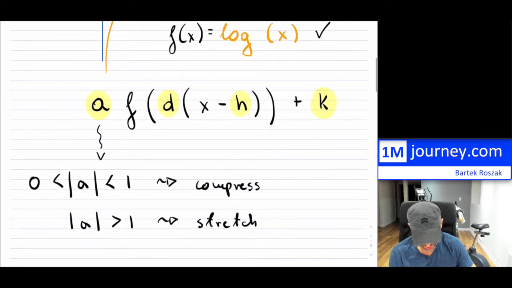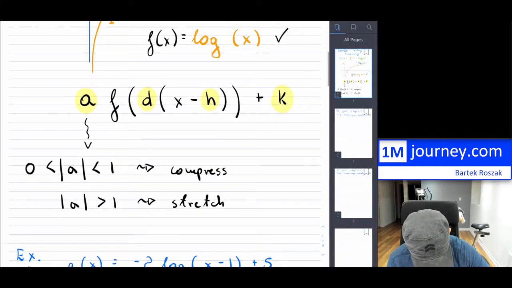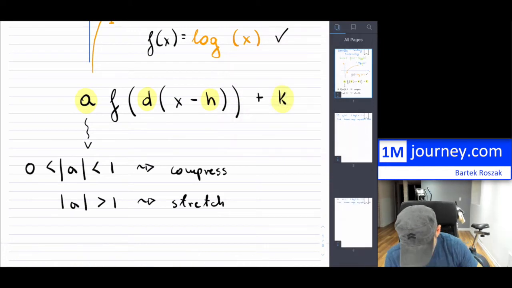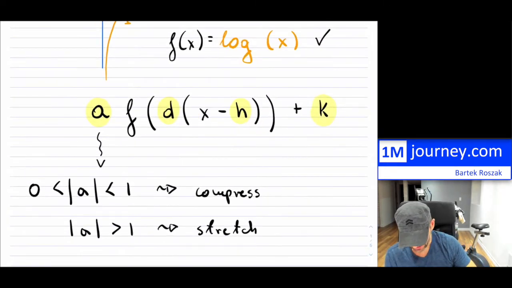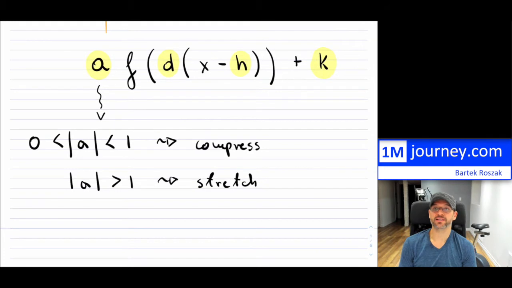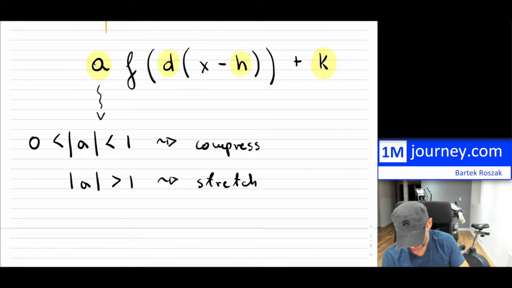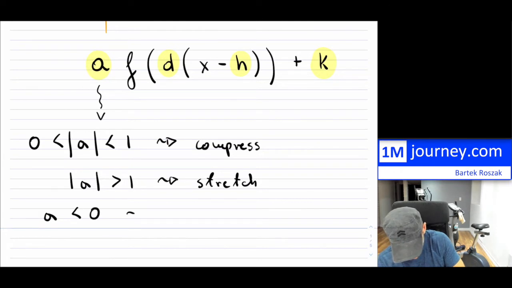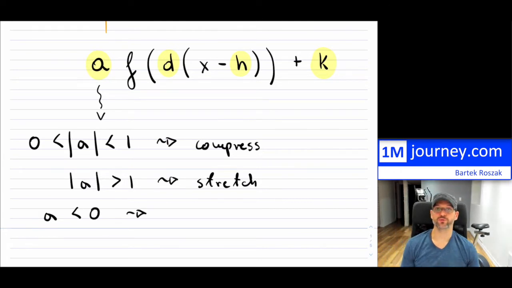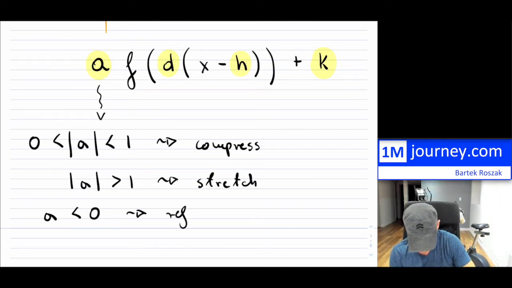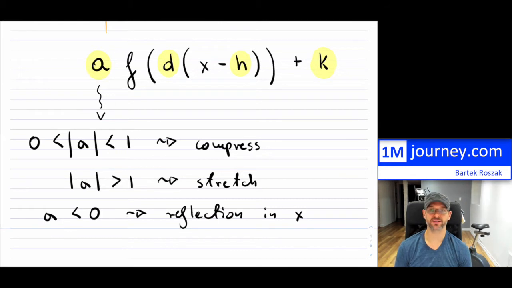Now, if your a is negative, if a is less than 0, then remember, it will just reflect it in the x. So this is a reflection in the x-axis. So that's what a does.